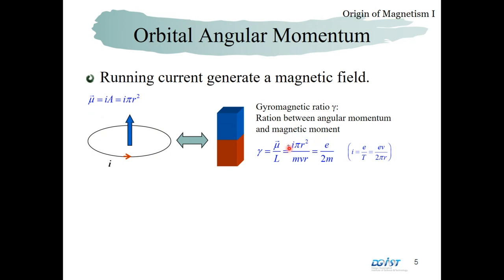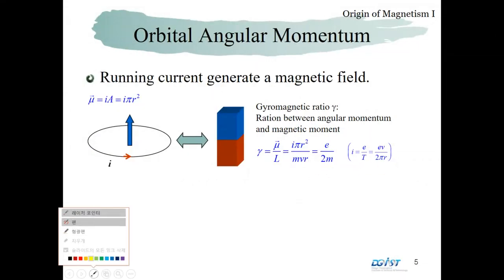We already know the magnetic moment of this circular motion is current I multiplied by pi r squared. And for the angular momentum of this electron, assume the mass m, velocity v and the radius r.